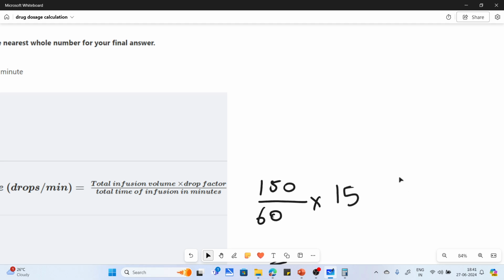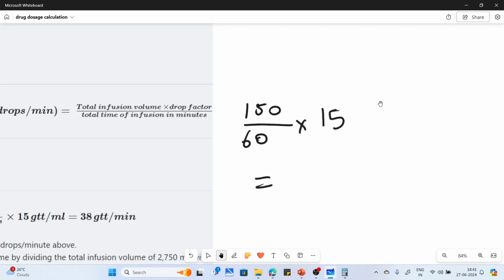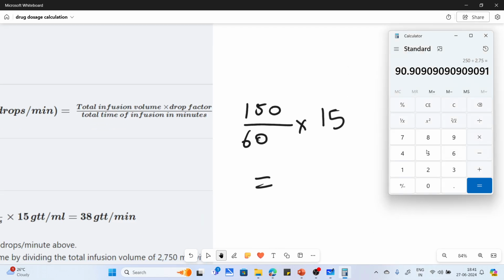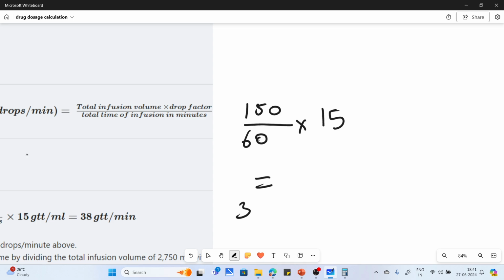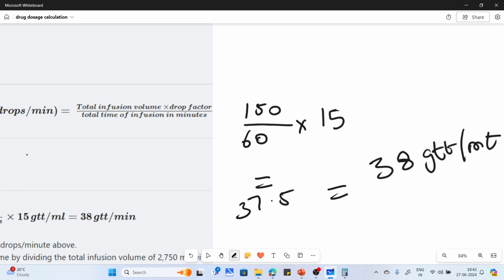Okay. Exactly, Pavitra. Very good, Pavitra. So how much will we get? That is 150 into 15, we will get 2250, which is divided by 60, we will get around 37.5, or in round figure we can write 38 GTT per minute.